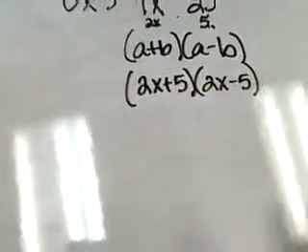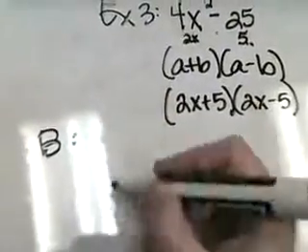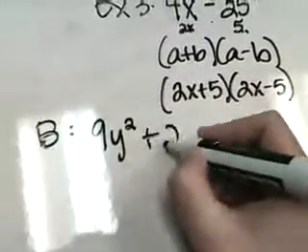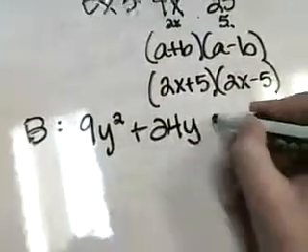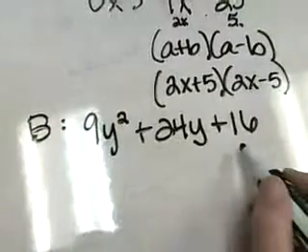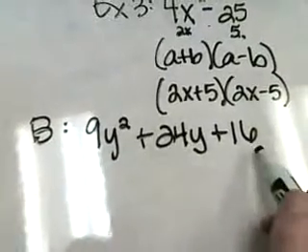Let's try another one. Example 3b gives me 9y squared plus 24y plus 16. Now, I'm back to 3 terms here, guys. All right, so remember our first question is, can I take anything out?